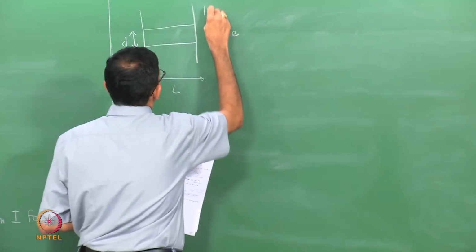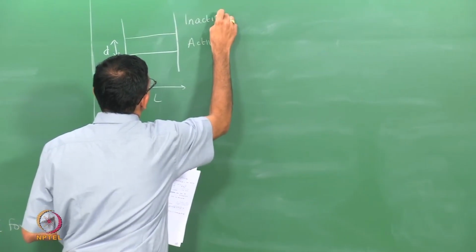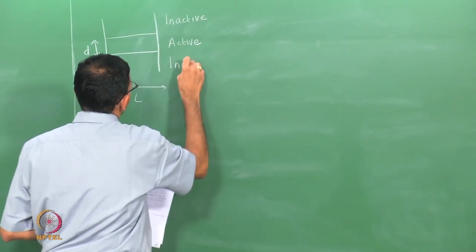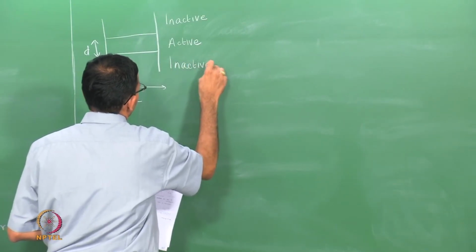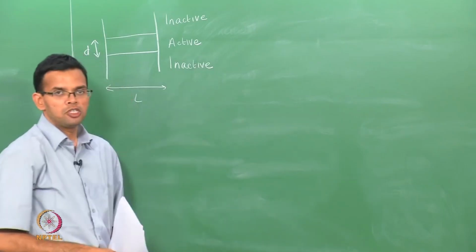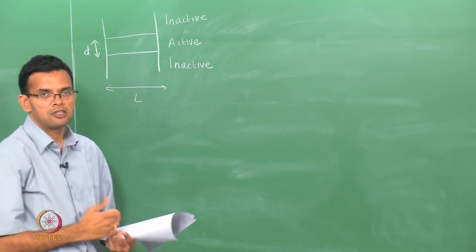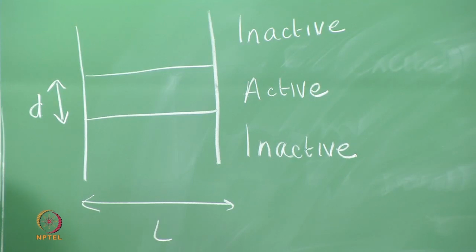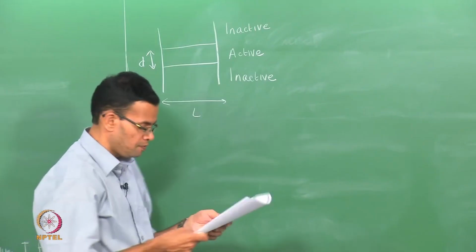There are also two inactive regions. So, these can be used in order to confine the electrons and holes within the active region, but we also want materials in such a way in order to provide for waveguiding.